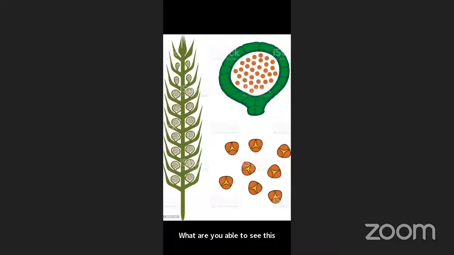Let me share the diagram. Wait. Are you able to see this diagram? Yes, sir. So this is the cone structure, LS of cone. This is the leaf. On the abaxial side, sporangia develop.